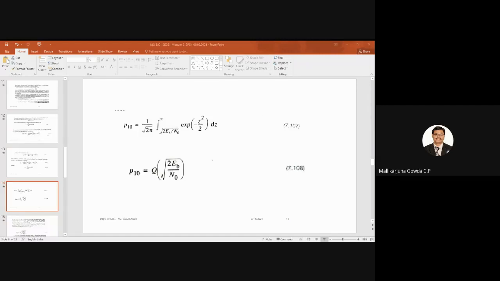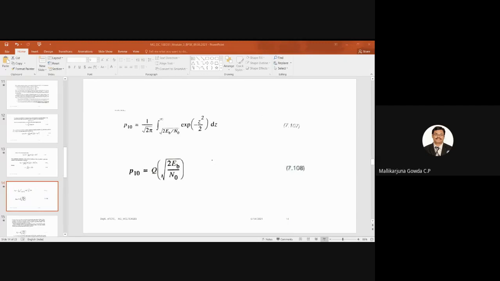So what is z? I said z is equal to root of 2 by n naught of x1 plus root Eb. Just to write in compact form, I will be able to say it in this form. If it is there in this form, I can say it is a Q function. Entire thing can be written in the form of Q. So P10, what is this P10?